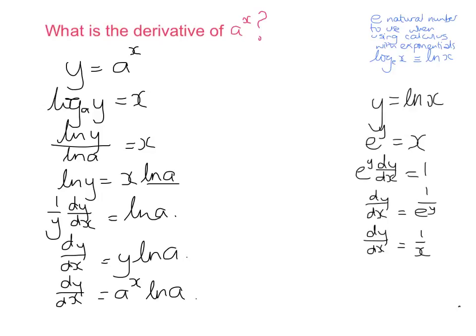And let's see what we used. Well, first of all, at this stage here, we differentiated e to the x, which means we were using the fact that if y equals e to the x, then dy by dx is also e to the x.